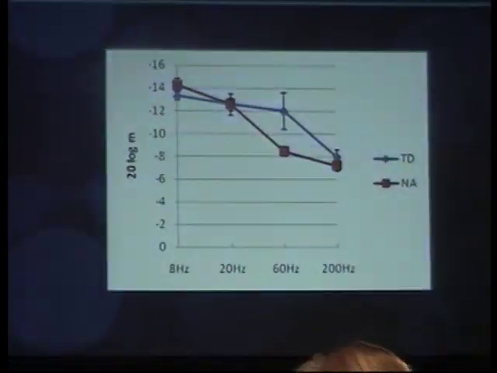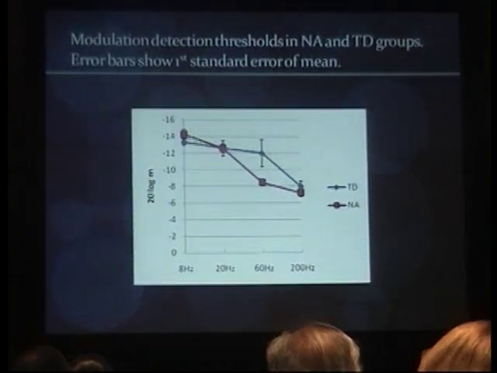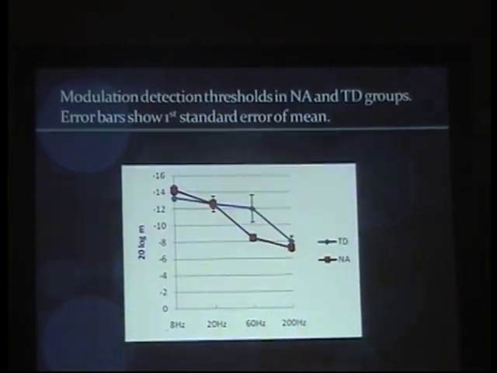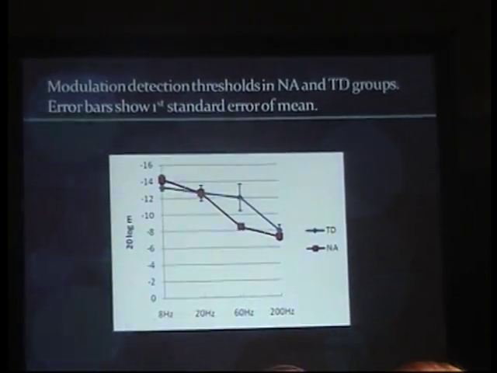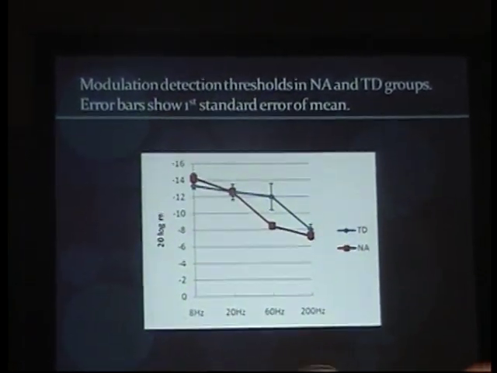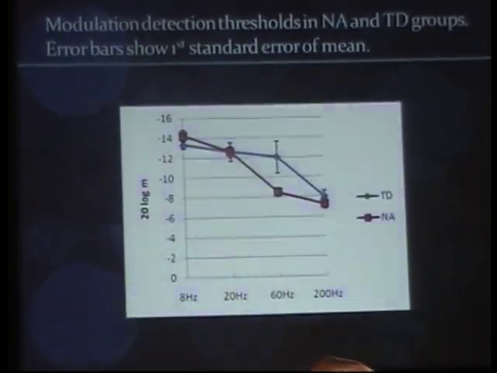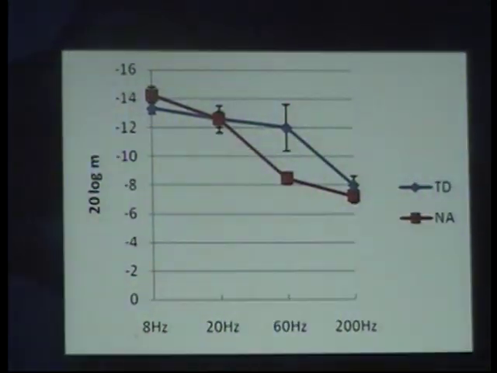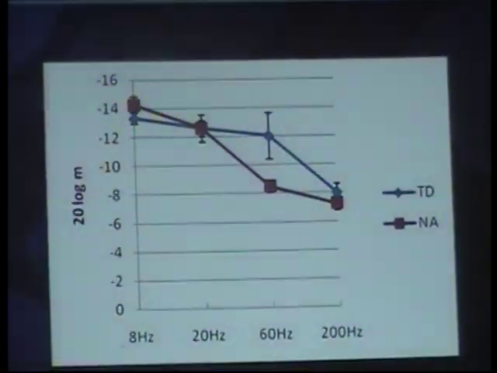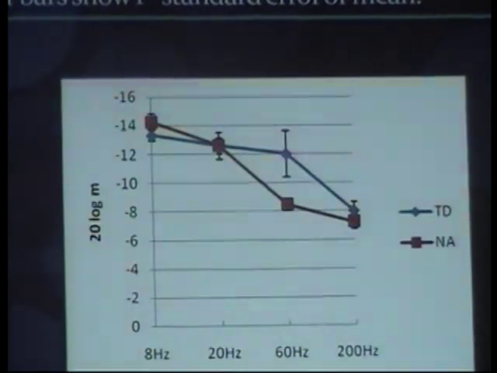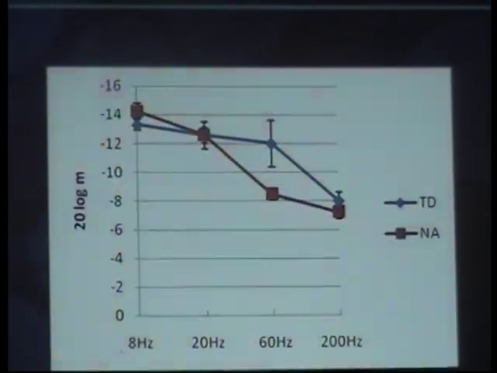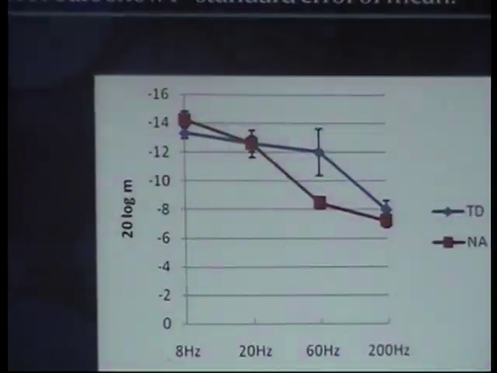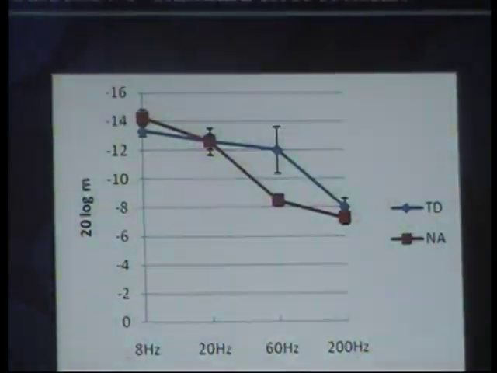At 8 Hz, 20 Hz, and 200 Hz of modulation frequency, both the groups have scored equally, whereas at 60 Hz the train drivers surprisingly scored better, which would suggest they performed better in this temporal processing test. But if you look at the error bar, it shows a lot of standard deviation, which cannot add to the significance of that result. So overall, in this test the result is not very significant. There is not much difference.